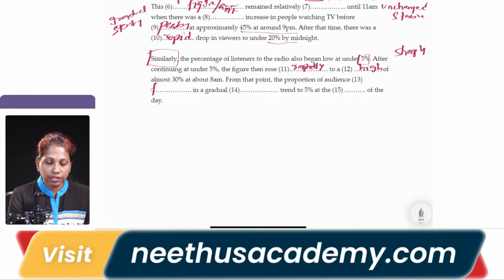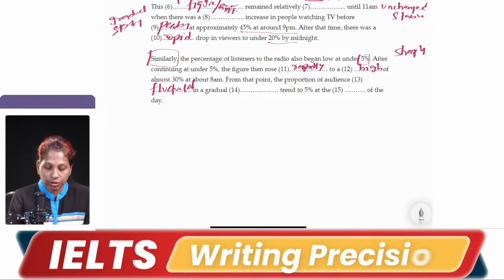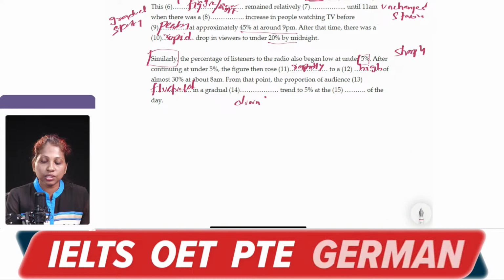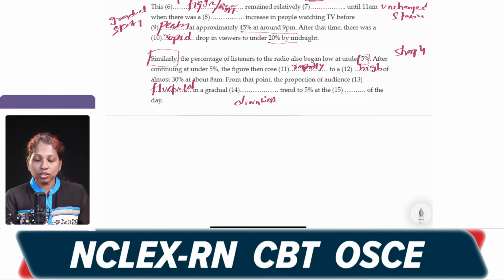You can write this word here because it is a word which can be used in a line graph. In a line graph this mainly happens, that you have fluctuation. So fluctuated, in gradual when it is going down. In the trend it is going downward, so it is a downward trend. So you can write here downward trend. Okay, so that is what that means.